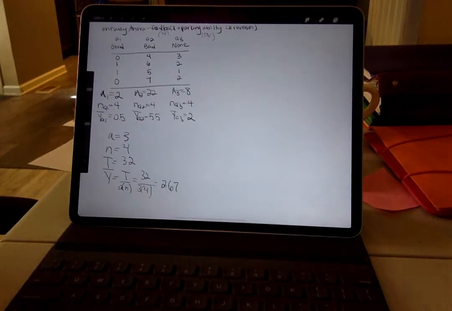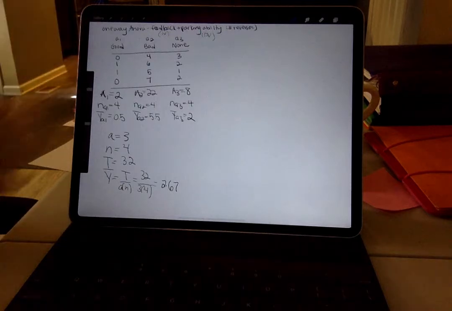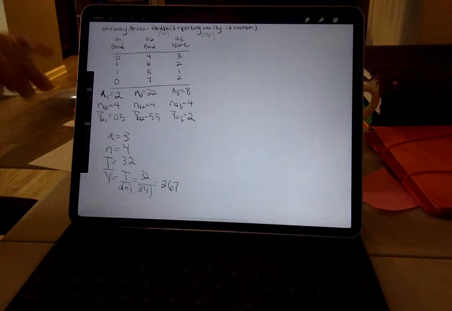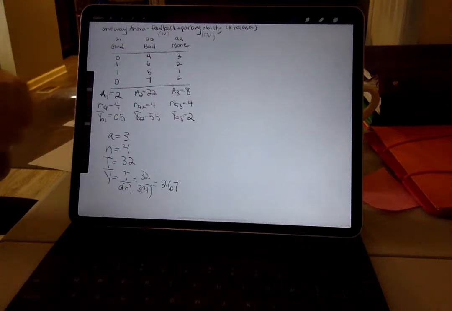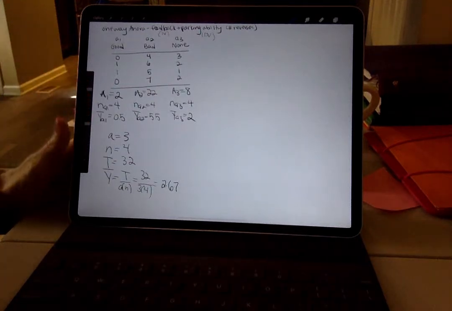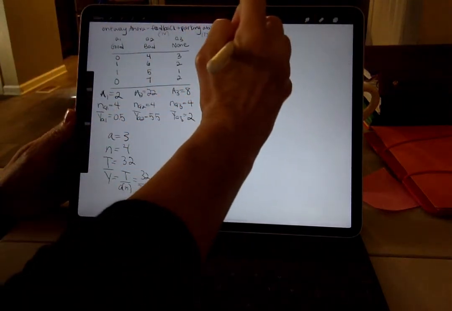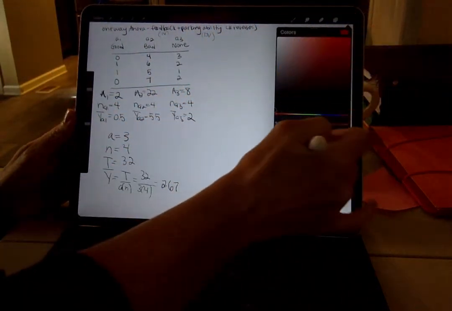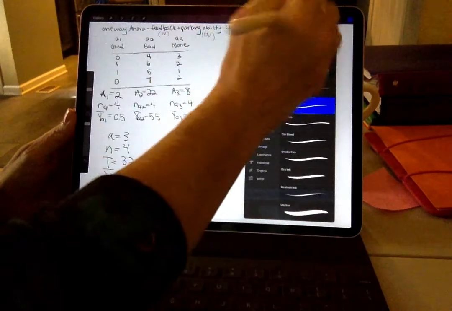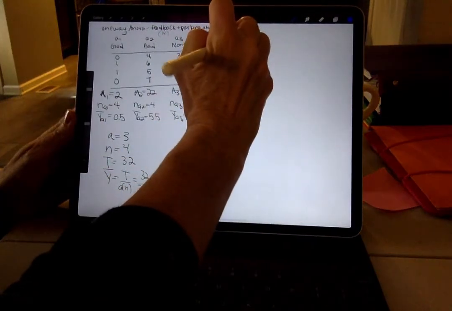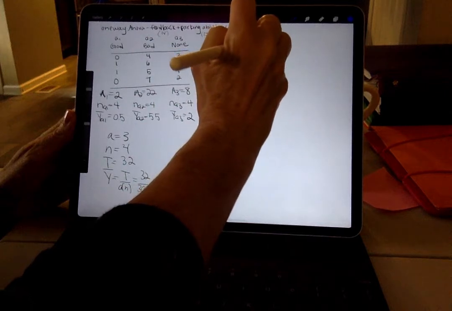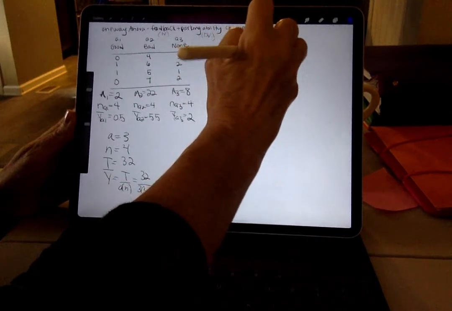All right, so once we've summarized that, again, the importance of labeling things properly cannot be understated enough, because we're going to need to refer back to these calculations as we move through the problem. The next thing that we are going to do is calculate our basic ratios.